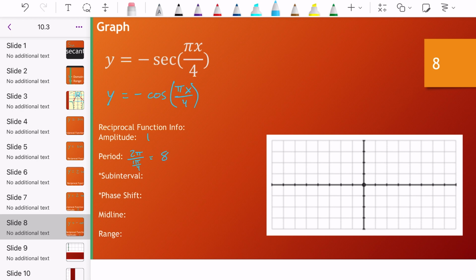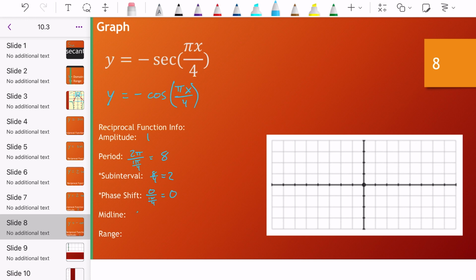Our subinterval is going to be 8 over 4, which is 2. Our phase shift is going to be negative c over b, which is 0 over pi over 4. Anything that has 0 being divided by some type of number will end up being 0.